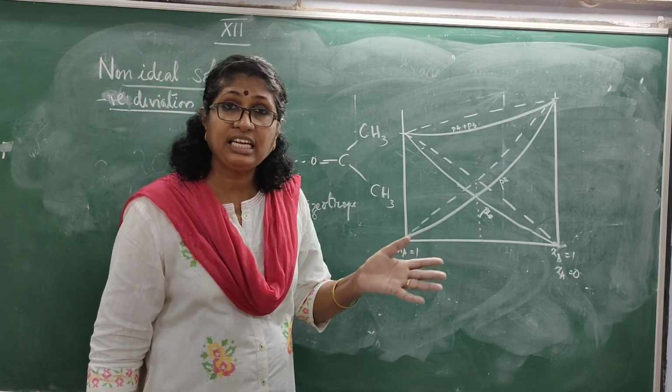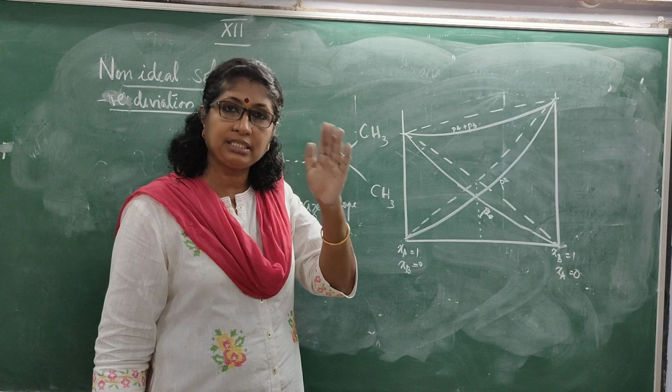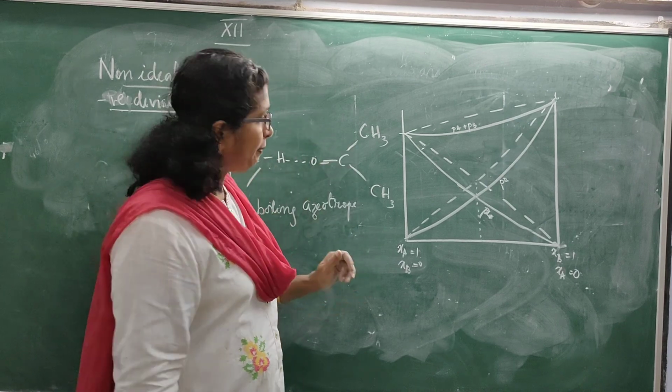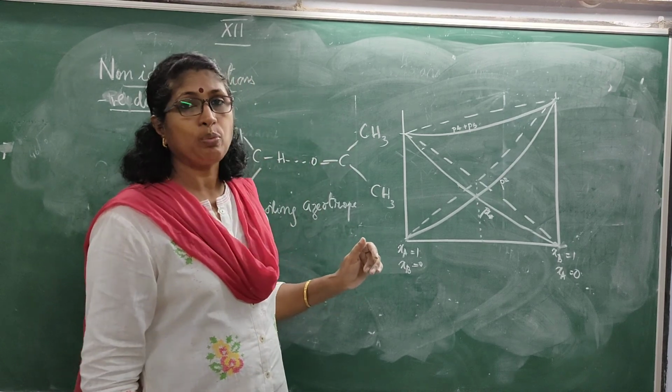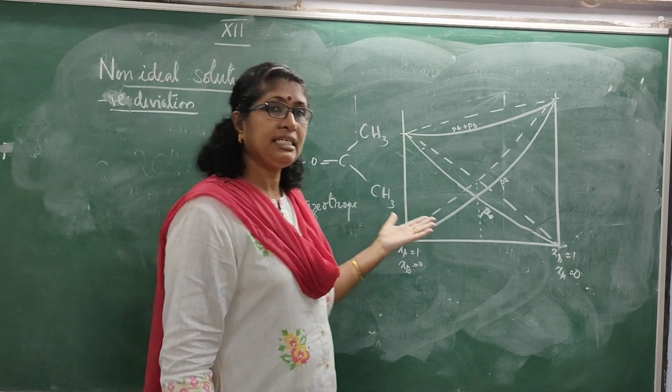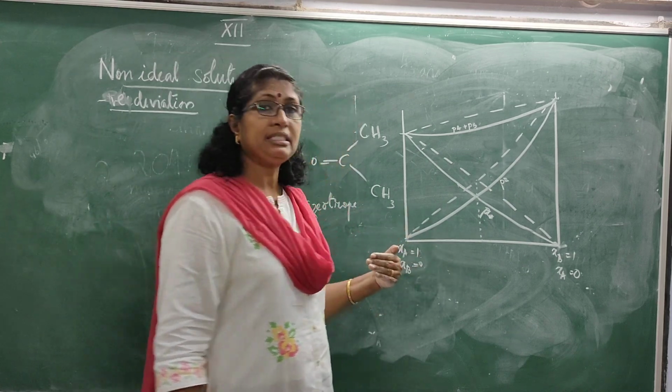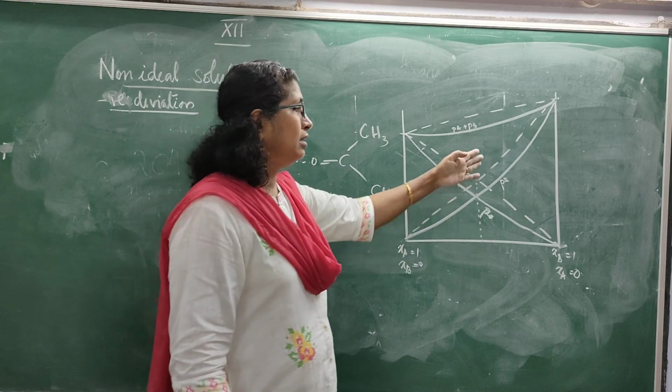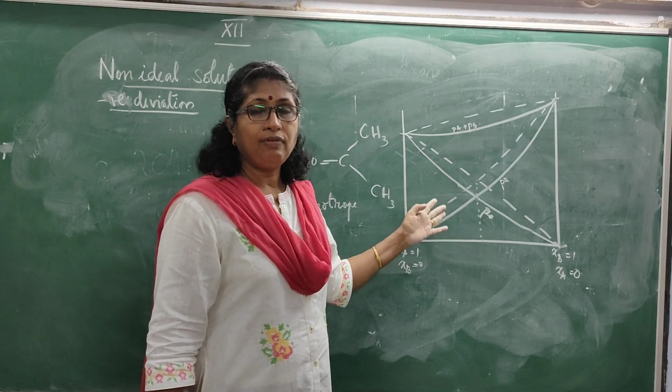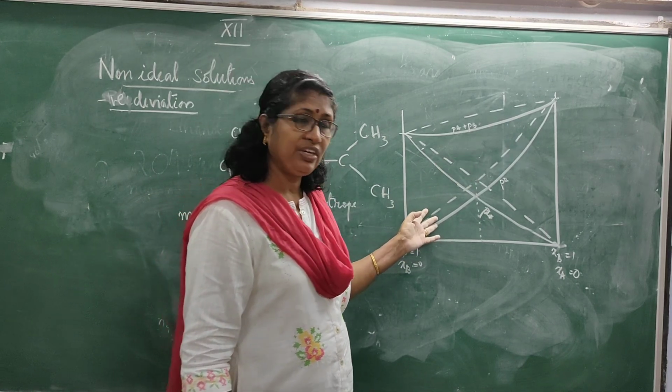When the rate of evaporation decreases, vapor pressure will decrease. It's not as what we expect. So when vapor pressure decreases, we will get a mixture with a negative deviation.